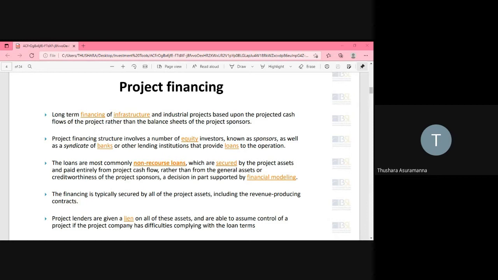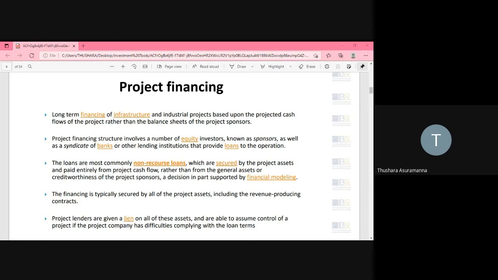If you take, say, a harbor project, highway project, maybe a coal power plant, those are bigger projects. One particular person cannot come and make those investments because it's huge and complicated in terms of operation, cash flow management, marketing, and so many aspects that you need to look into.